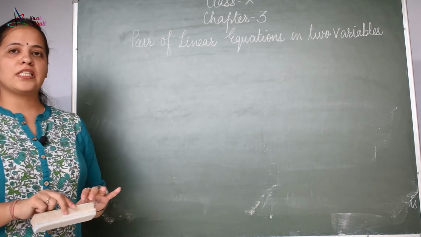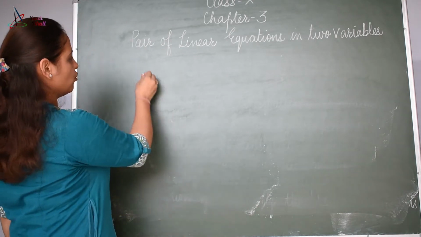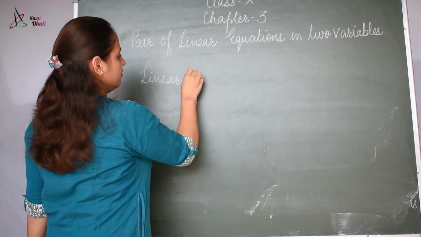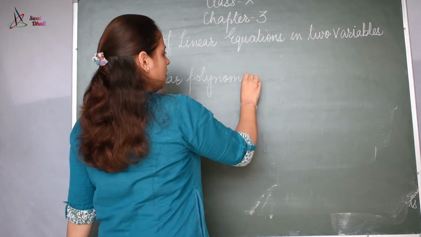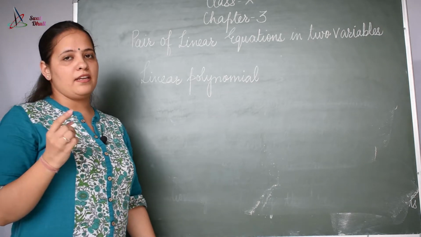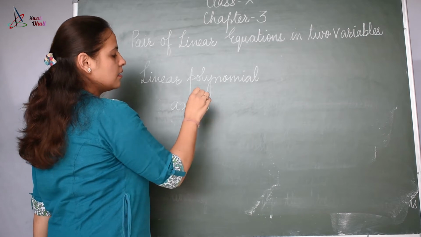Before proceeding to what is a linear equation, you must know what is a linear polynomial. Linear polynomial in one variable, that is the general form is ax plus b.